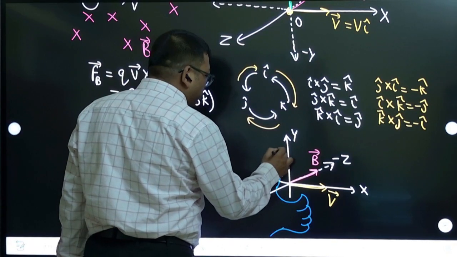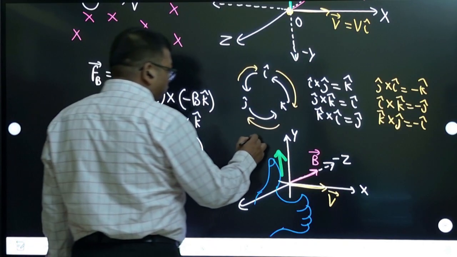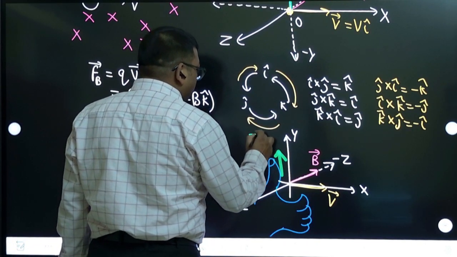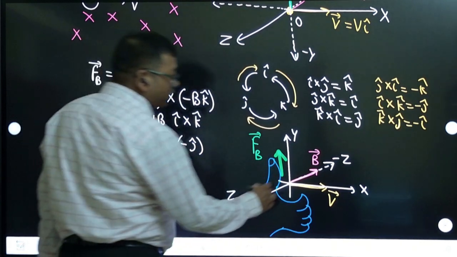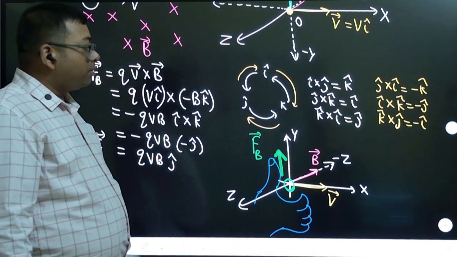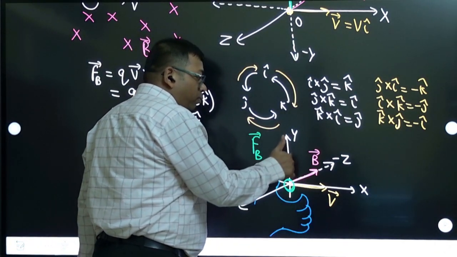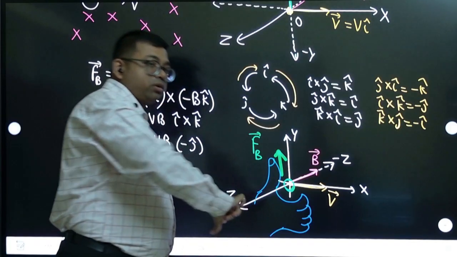This upward direction of the thumb gives the direction of magnetic force, assuming the charged particle is positive. But if the charged particle is negative, then the force has to act downward.